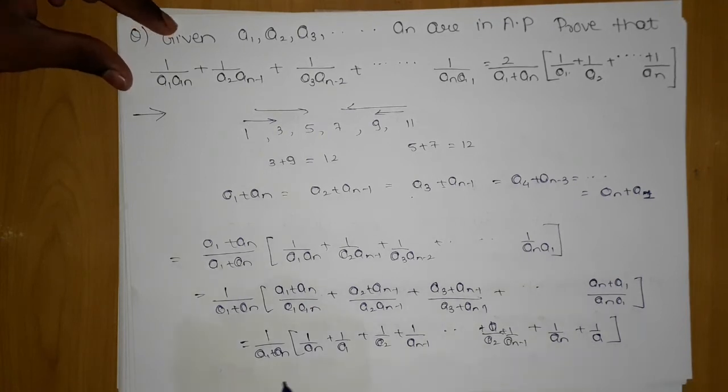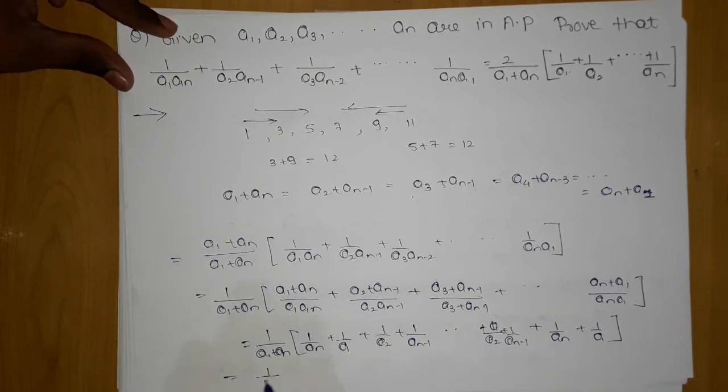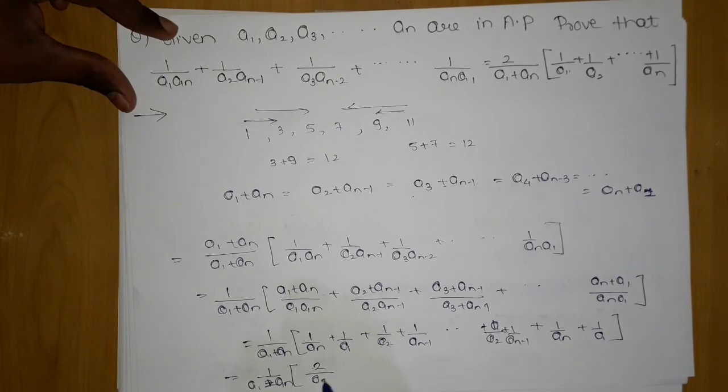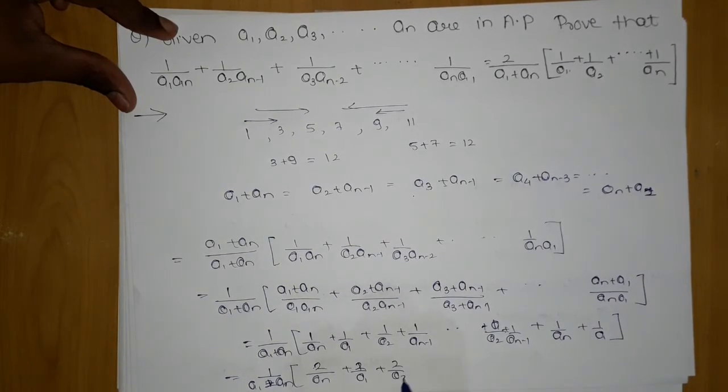Every term is present twice, so this will give me a1 plus an times 2 upon an, 2 upon a1, 2 upon a2 till the last, 2 upon an.